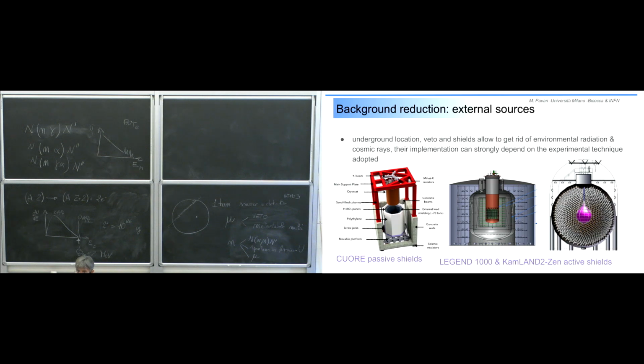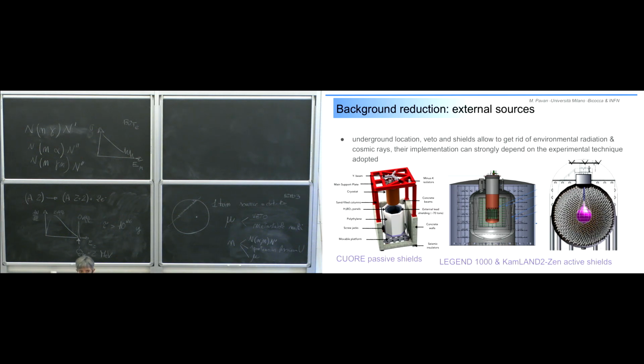But in that case, for example, you can also put a cut on the energy, because maybe that kind of process can take place only if the first interaction has a certain energy.